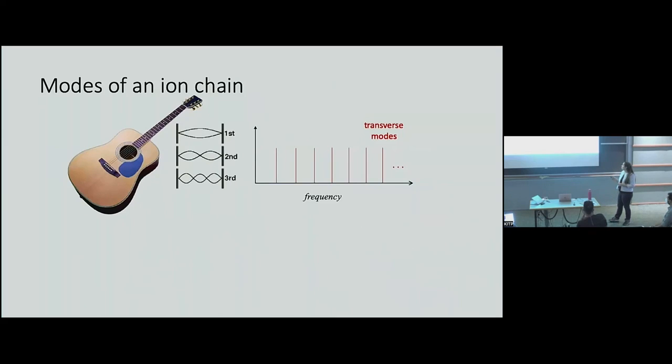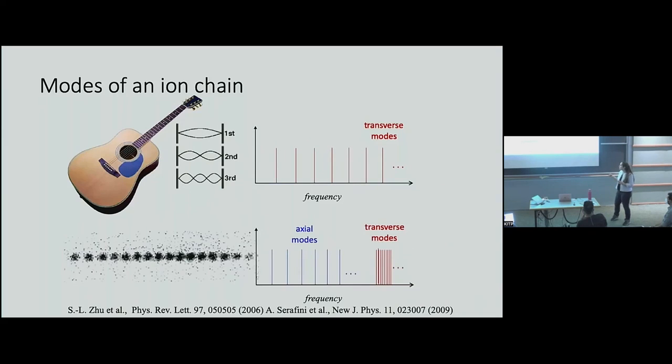And so we can look at the spectrum of the modes that we get from such a system, and we have some low energy axial modes that are along the axis of the chain, so the ions are moving together. And then we have the transverse modes that move perpendicular to that axis. And so by tuning our laser near these modes, we can create the interactions using that motion as a quantum bus.